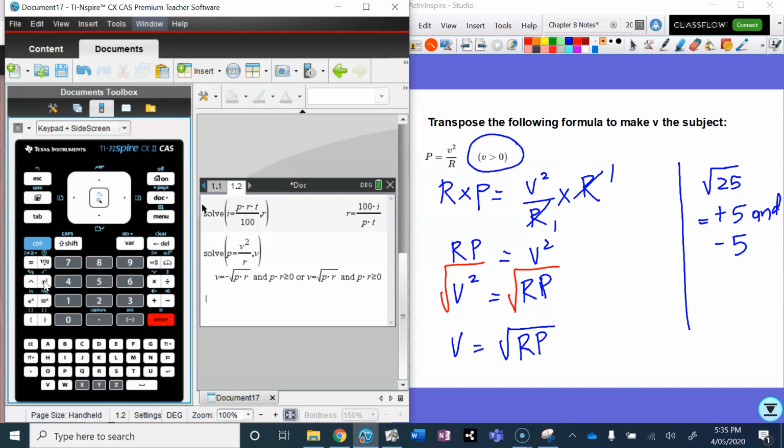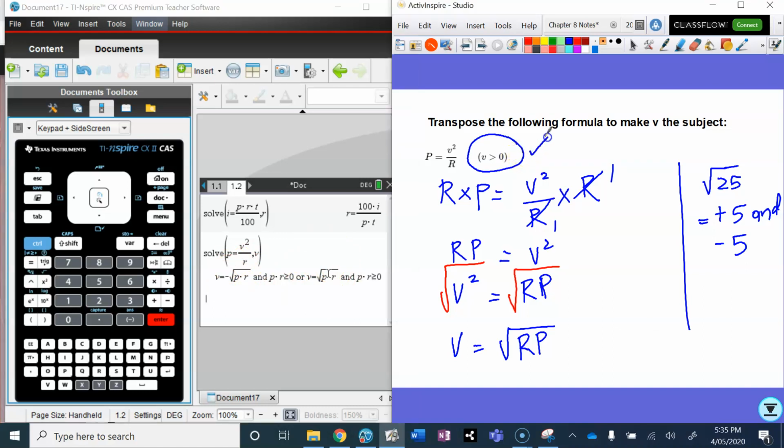It looks a bit messy. All your calculator's saying there is we've got a negative answer and a positive answer. Because you know from the question it has to be the positive answer, we would only need to write down this part of our answer. V is equal to the square root of P times R, the positive version.